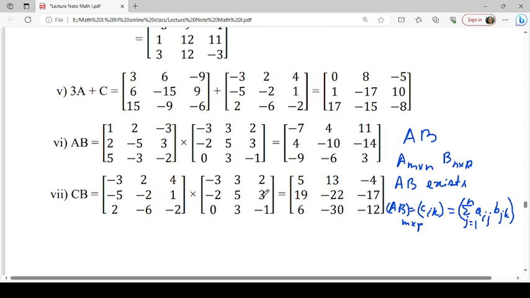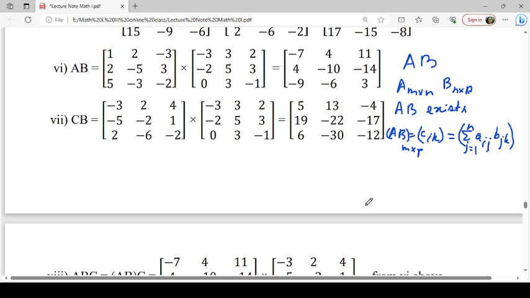So -10 minus 6 is -16, plus 2 into minus 1... this into this. So it is -17. So this is the way to multiply.